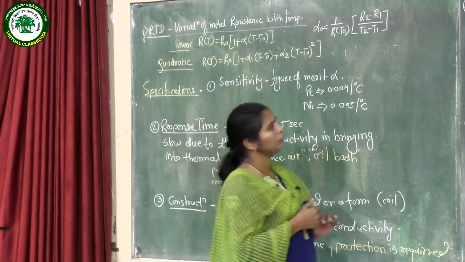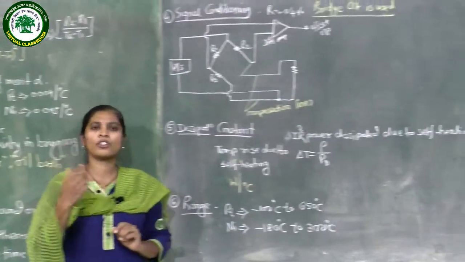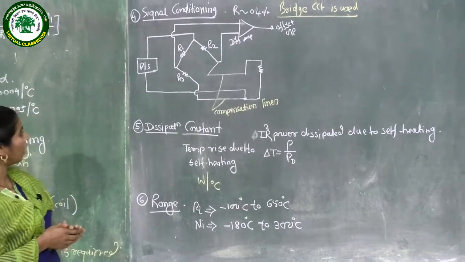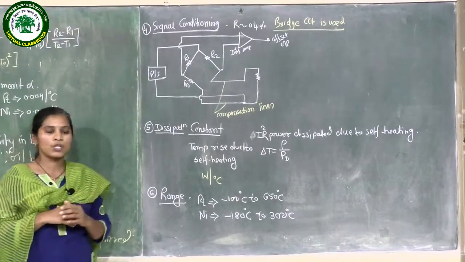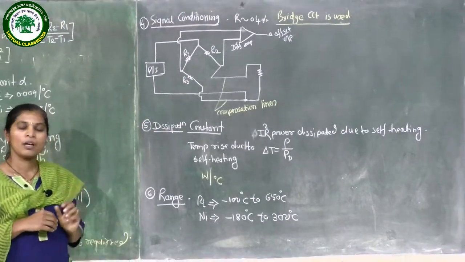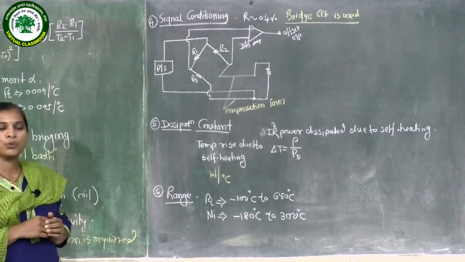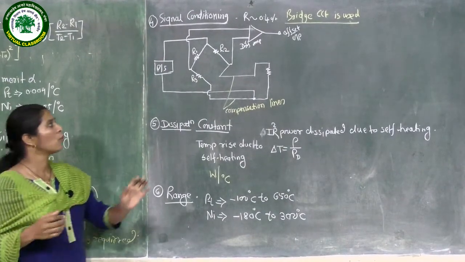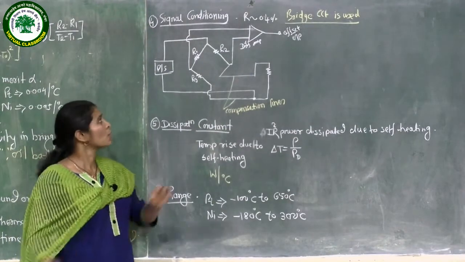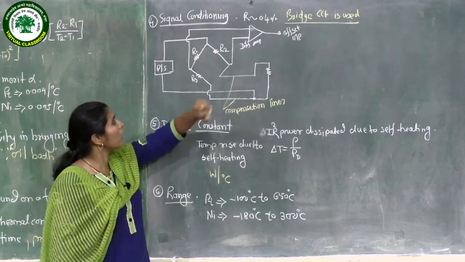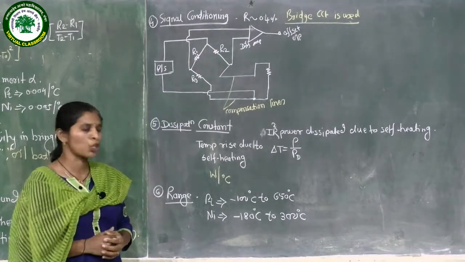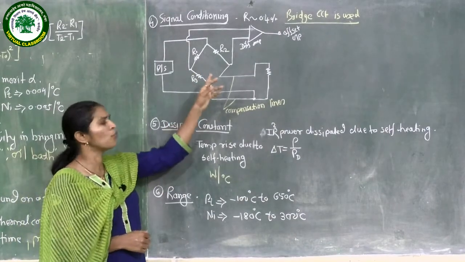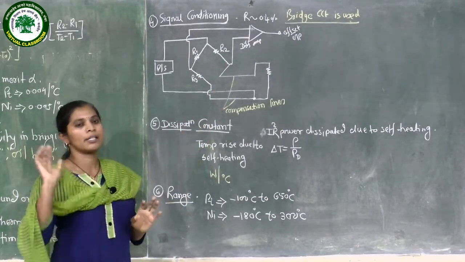When we are using this RTD for the measurement of unknown temperature, the signal conditioning has been explained over here. A bridge circuit is used, or preferred, for the measurement of resistance. We have shown initially that resistance is changing approximately 4% per degree Celsius.